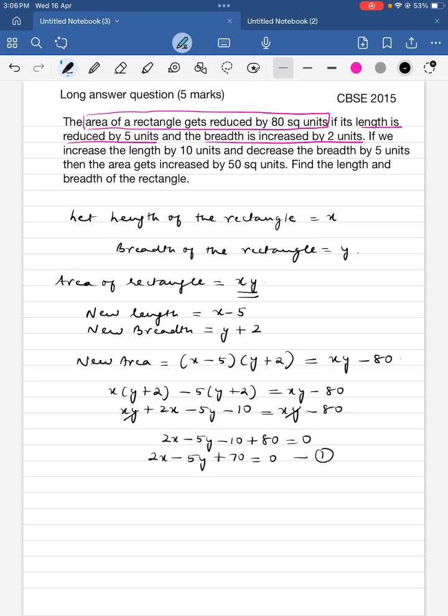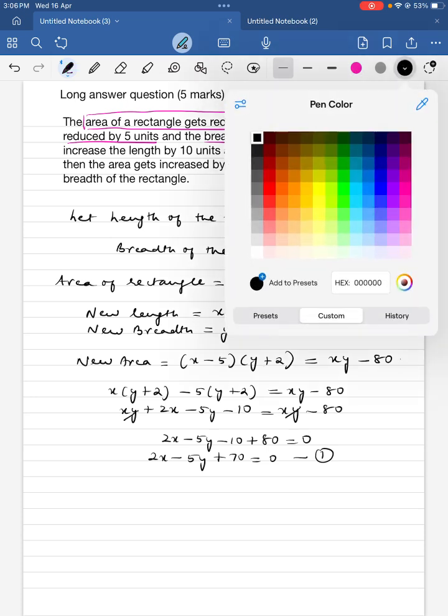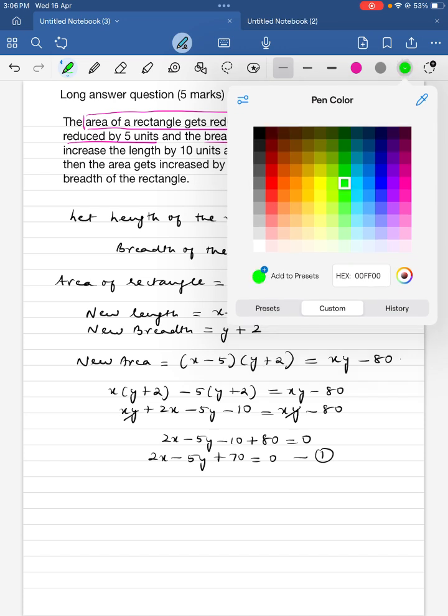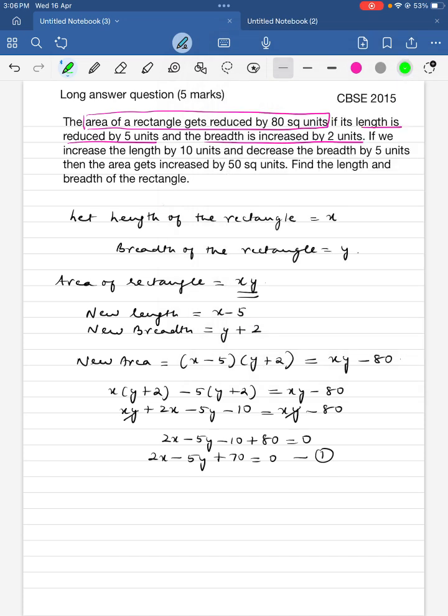Now let's go back to the question again. Let's form the second linear equation. Okay, now what have they mentioned about the second linear equation? They have said that if we increase the length by 10 units and decrease the breadth by 5 units, then the area gets increased by 50 square units.